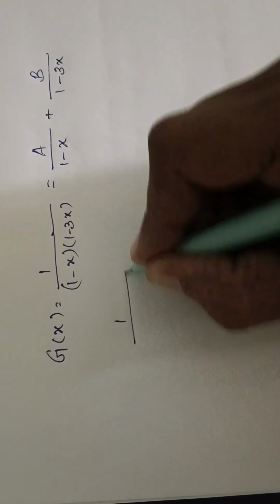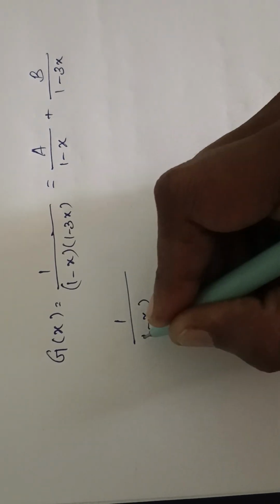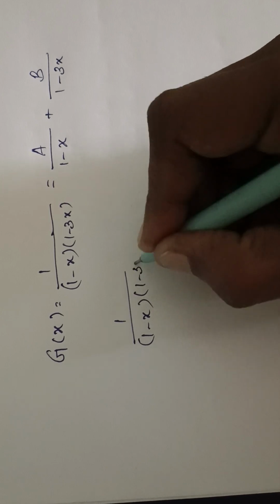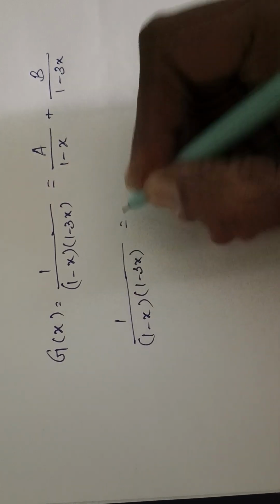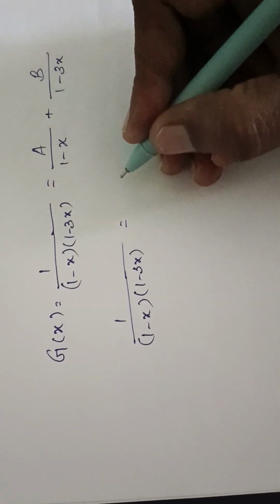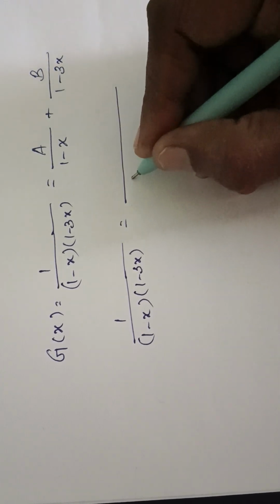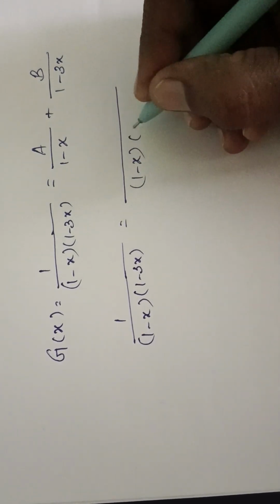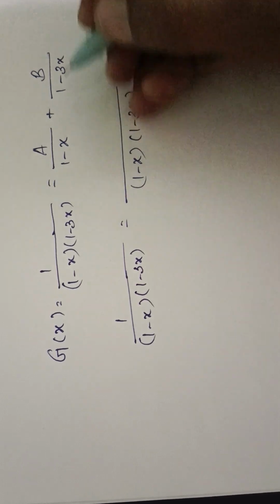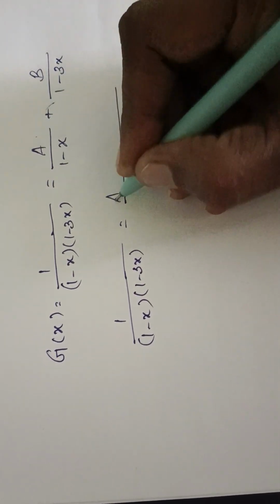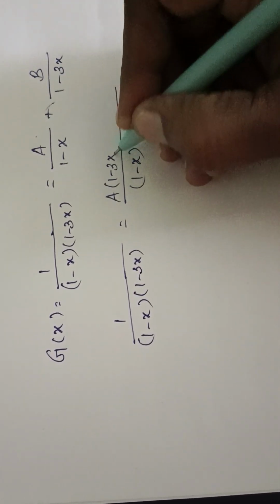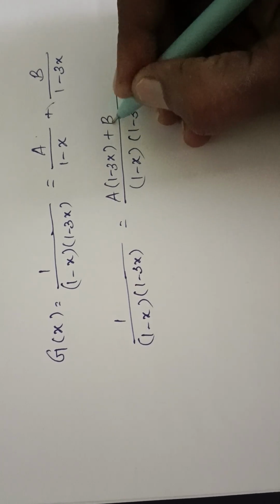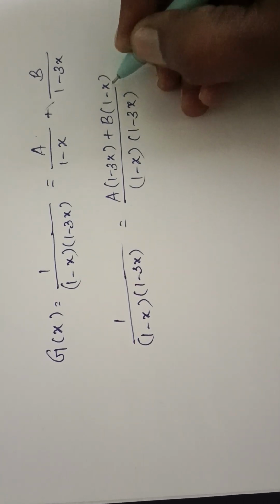So 1 by 1 minus x into 1 minus 3x is equal to, here we take LCM, 1 minus x into 1 minus 3x. So here a into 1 minus 3x plus b into 1 minus x.